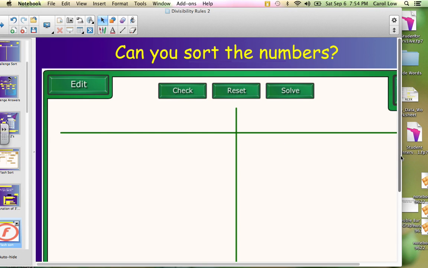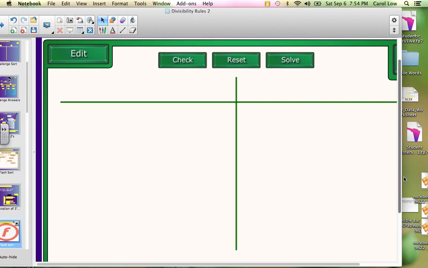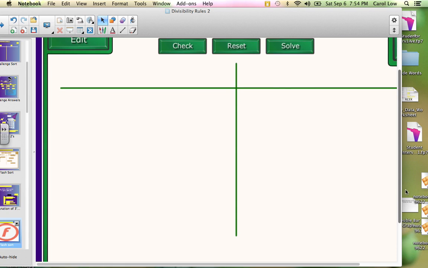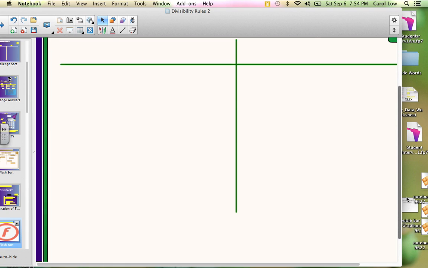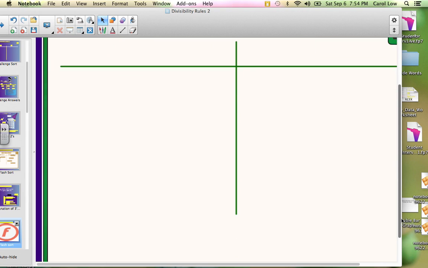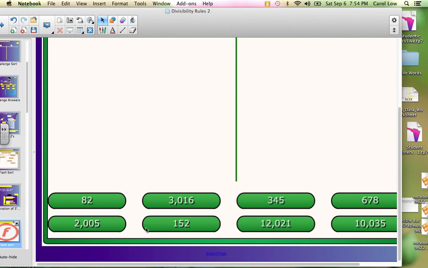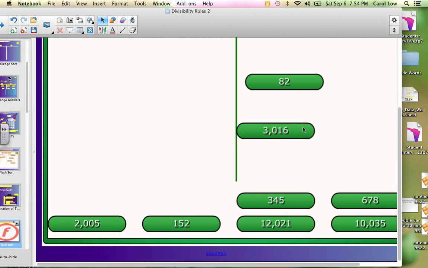I'm going to have you sort these out, and you can look at it real quick. Oh, there they are. So this would be 10. 8 plus 2 is 10, not divisible. This one would be 10, not divisible.